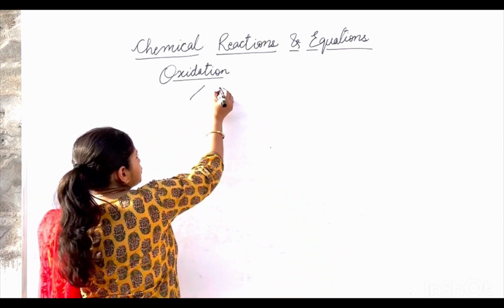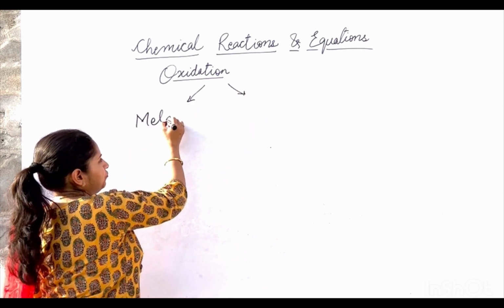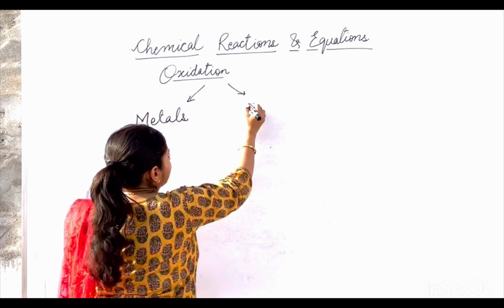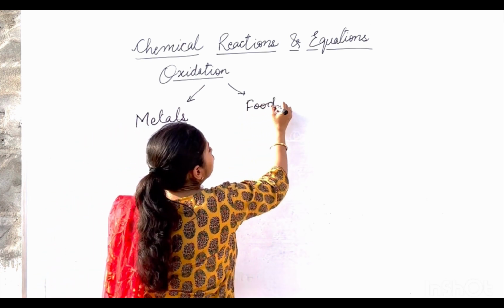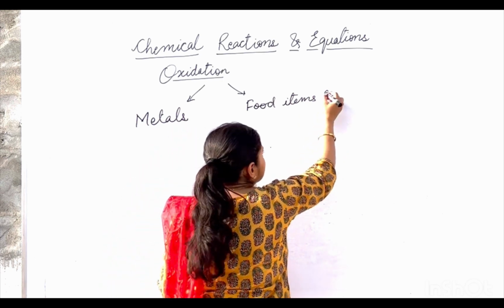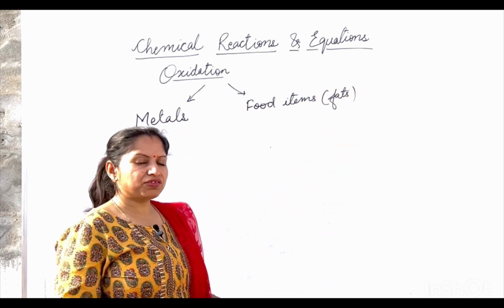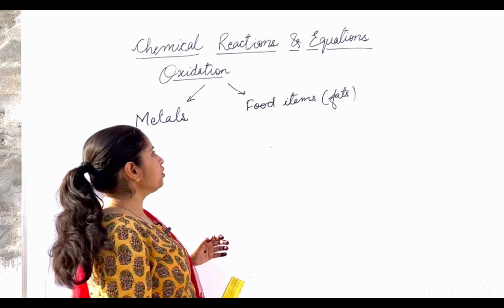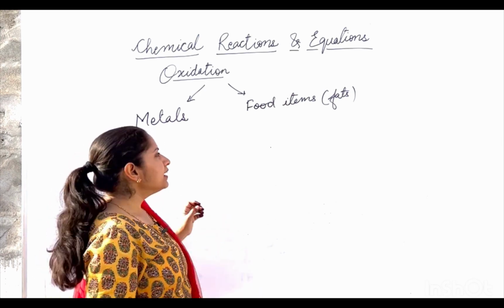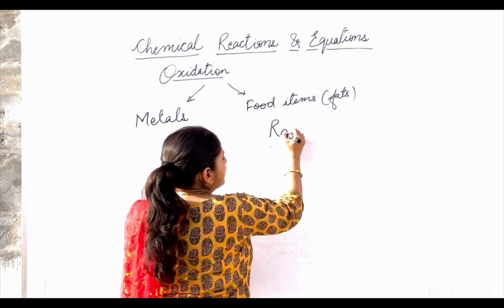So there could be oxidation of metals that we use in our daily life, or there could be oxidation of food items, especially containing fats. If the food items contain fats, there could be oxidation of those fats. And if there is oxidation of food items, that is known as rancidity.